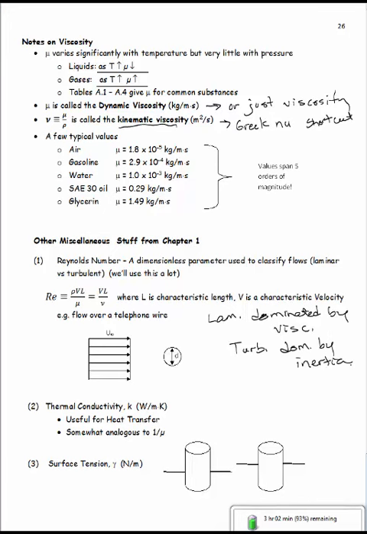So it's going to be some characteristic velocity times some characteristic length over nu. Nu is our kinematic viscosity, or rho times characteristic velocity times characteristic length over mu. Okay, same thing. So for instance, if you have flow over, say, a telephone wire, the characteristic length of that telephone wire is going to be the diameter.